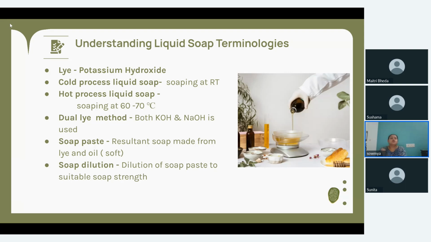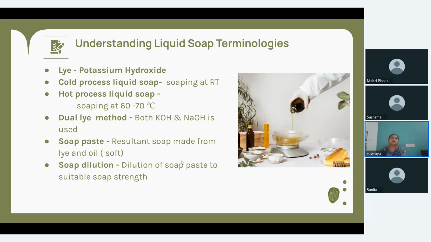Regarding soap dilutions and how to calculate that, I will teach you in, I think, the third class, after learning how to make the liquid soap. Because first you learn how to make it, and then the calculations and other things you can easily learn, so that will not be difficult. But you need to concentrate on how to dilute the liquid soap.